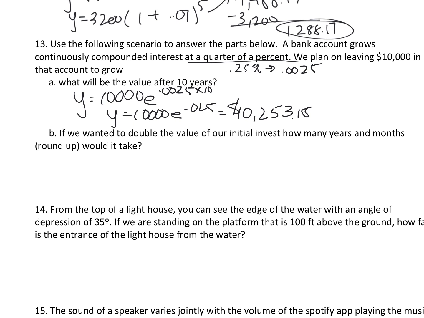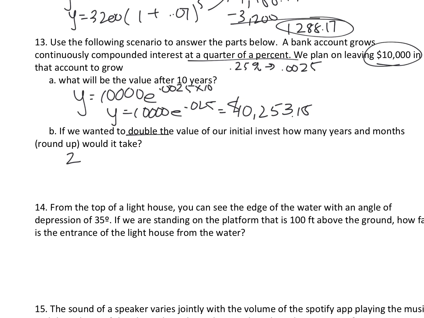Now, the question: if we want to double our value. This is an important question just because I gave you a value to start, but we don't need a value. So, for example, in this case, it's 10,000. So that means we know the ending value here. So 2 times 10,000 equals 10,000 e to the 0.0025t.